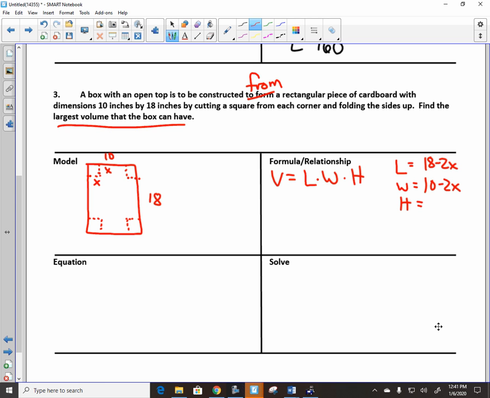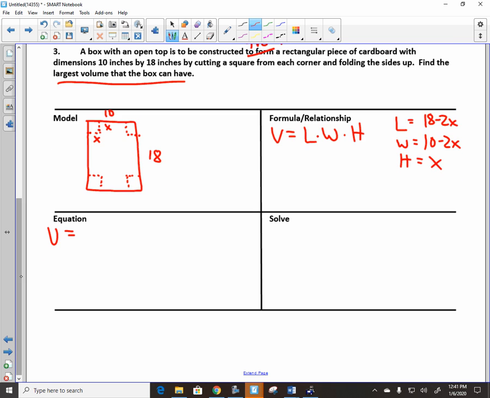Okay, and then what would the height be? Height is x. So I take these and I write volume is equal to 18 minus 2x times 10 minus 2x times x.